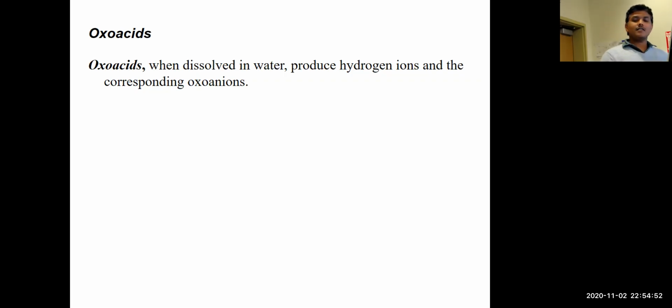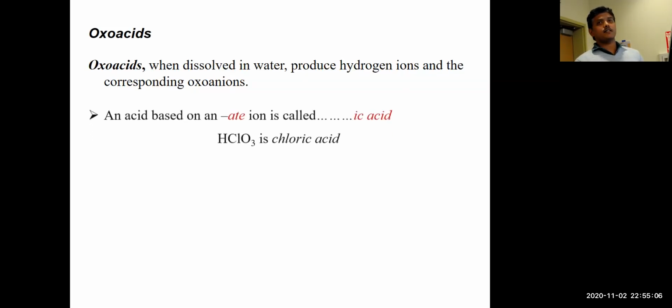All right. Other types of oxygen-based compounds are called oxoacids, and these are similar to what we just looked at, oxoanions. In oxoanions, you don't have hydrogens, but oxoacids have hydrogens. That's the only difference. So ClO3 minus is chlorate, right?